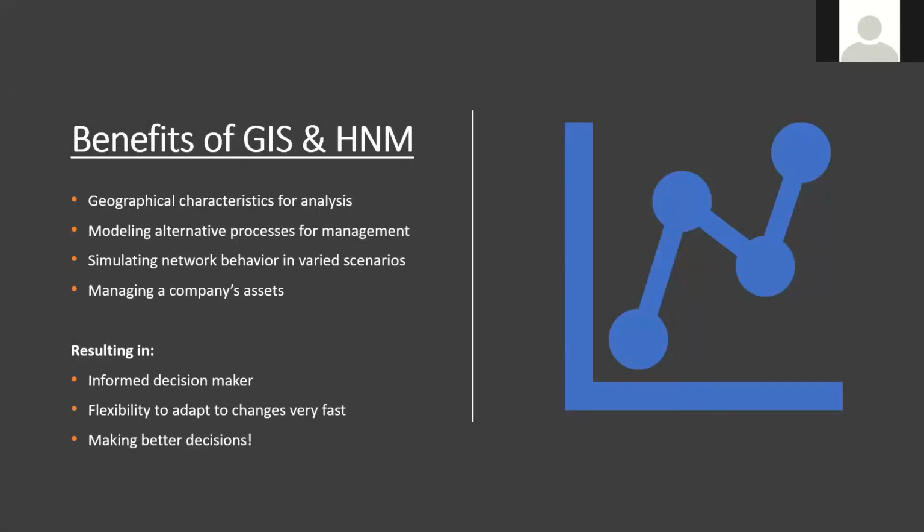So for things that ideally you'd have to go to the field to do manually, and just imagine that you have to iterate these scenarios on the ground several times, it does involve a lot of work. But using GIS and hydraulic network modeling, you're able to simulate all these things within a computer and software environment. And if we are doing this based on very good data, you are bound to have results that are very, very close to what happens in real life.